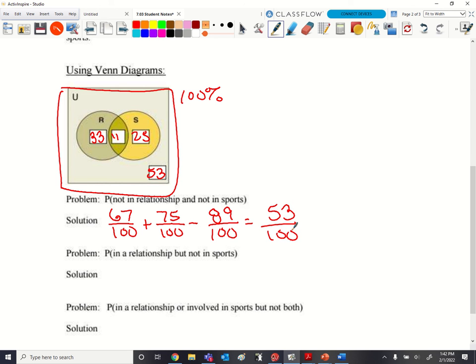Or 53%, because that's how we get this number here. This is the process to get this number here, my 53%, my missing unknown that makes everything add up to 100%. That's how I do that. So that's the formula: not that plus not that minus not both. So these are complements.